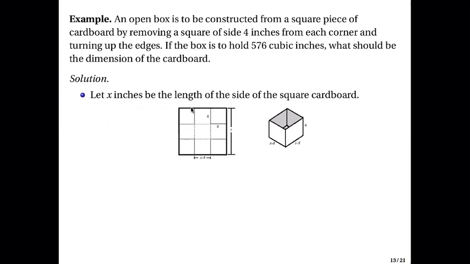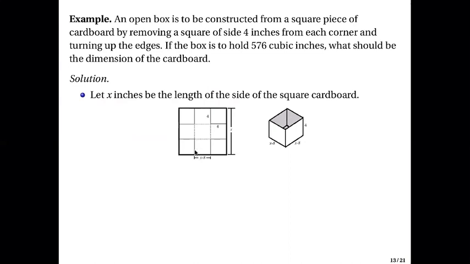But notice, after removing these four corners, you will turn up the sides to obtain an open box. And this will be the dimensions. You turn this up, you turn this up, this one up, and then this one here up. So the height of the box will be equal to 4. Correct? You turn this up, you will get that height.